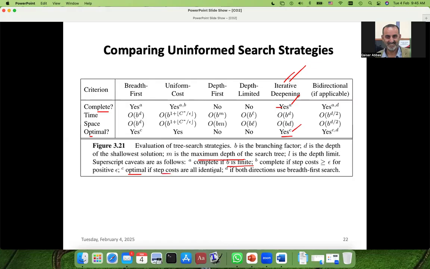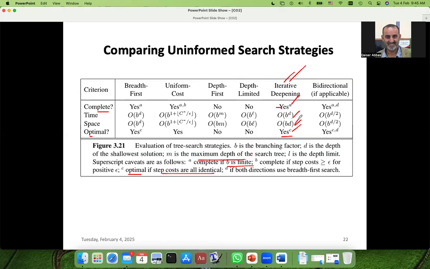Optimal when step costs are same. Okay, not different values, step cost. Time, okay, BD, because iterative deepening will go up to the solution. It will find the solution. And if the solution is there, then you can mention it with D. D is the depth of the least cost solution. So here it is becoming power.